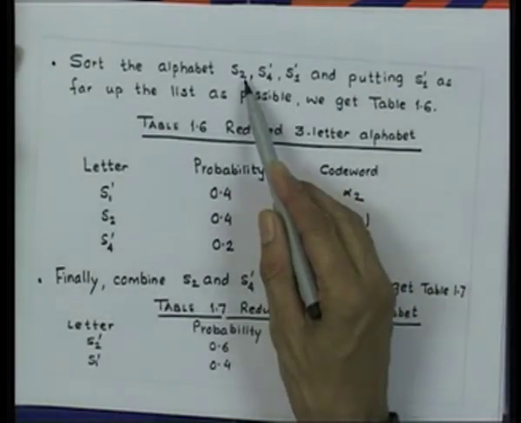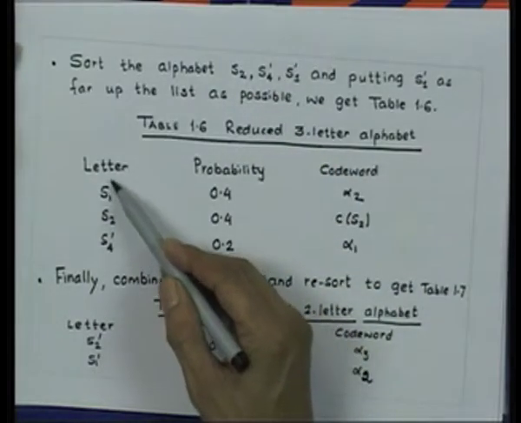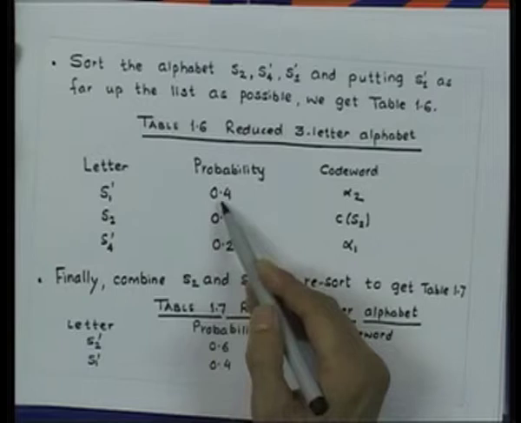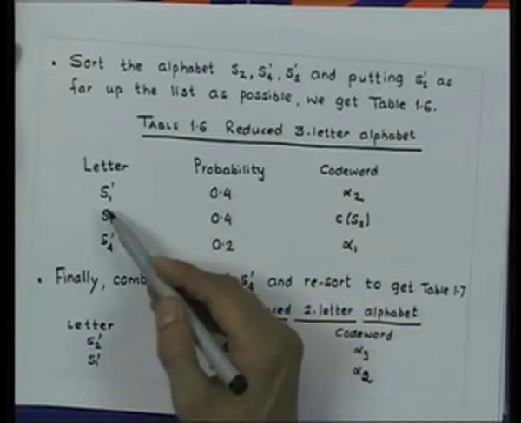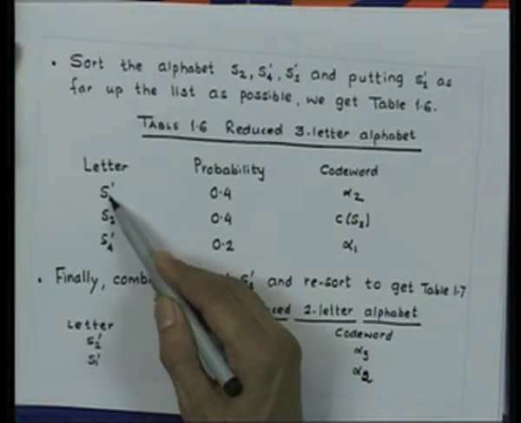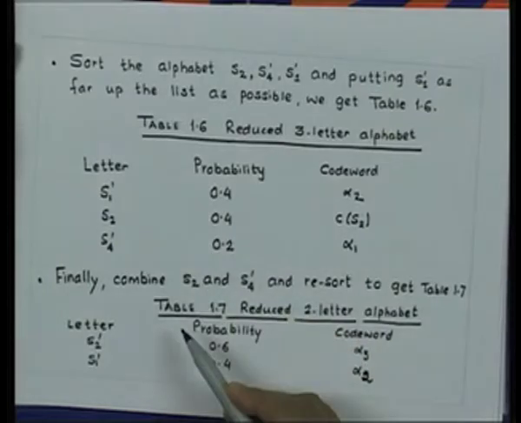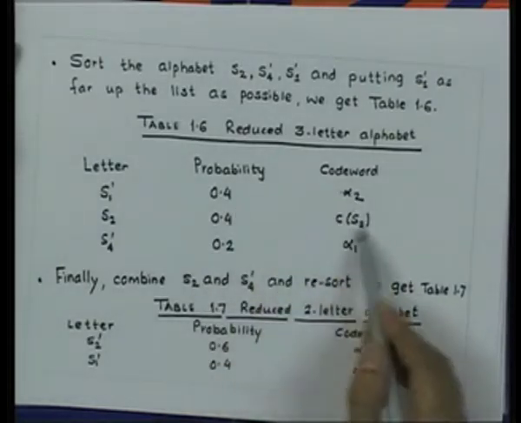So when I combine S2, S4 dash and S1 dash, when I have this alphabet, I place it like this, S1 dash which has 0.4. In the previous class we had placed S1 dash below S2, but now I place S1 dash on the top of the list, higher than S2, and again we give the code words.